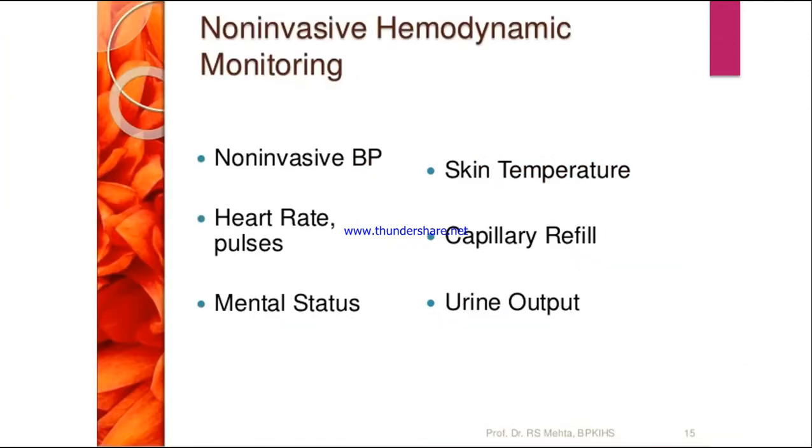The non-invasive hemodynamic monitoring includes the non-invasive BP, like we have in hospital the automatic BP monitor. Then heart rate, pulses, mental status will be checked, skin temperature using a thermometer, capillary refill, and urine output. So these are some of the non-invasive hemodynamic monitoring.